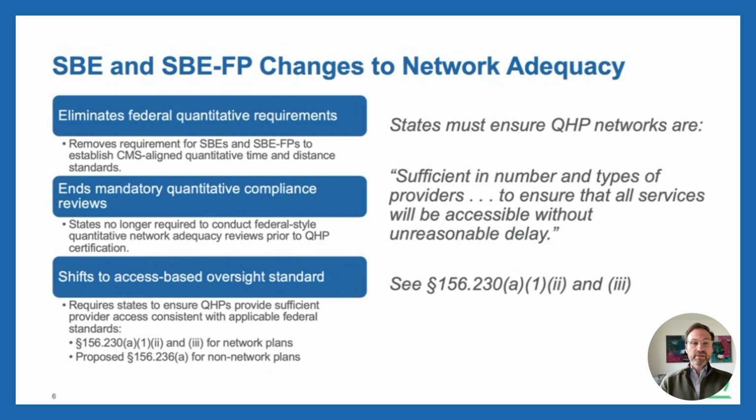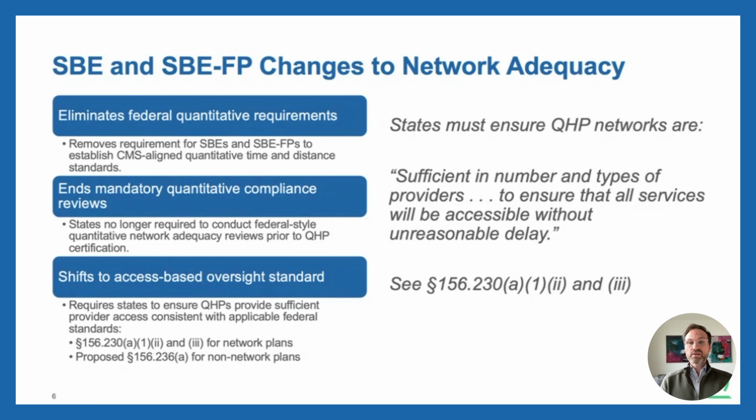And you can see that on the right. The general standard is states need to ensure that QHPs have networks that are sufficient in number and types that all services can be accessed without unreasonable delay. So states will now have more flexibility. Many states have tied to the federal standard, SBE states, so we will see what states do as a result of this.